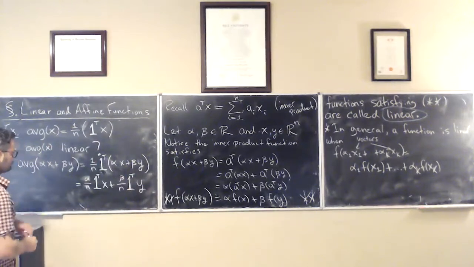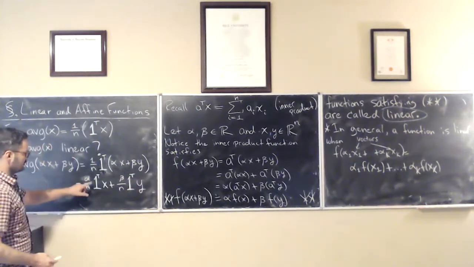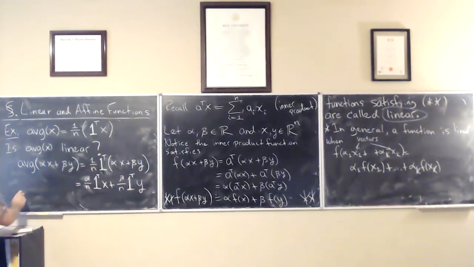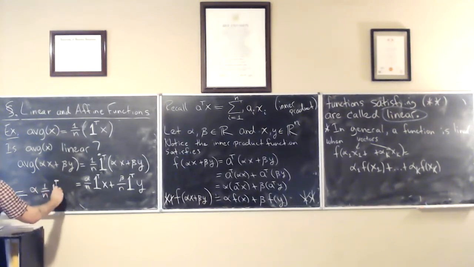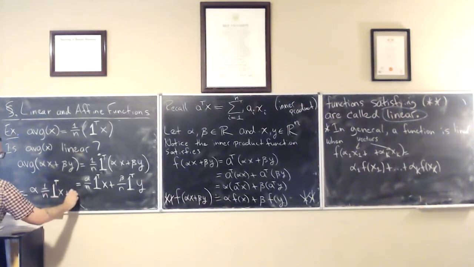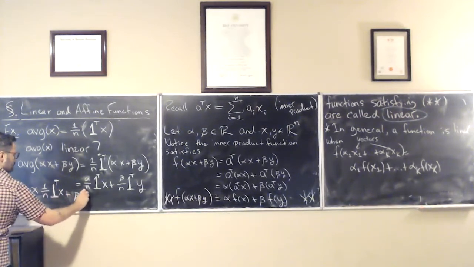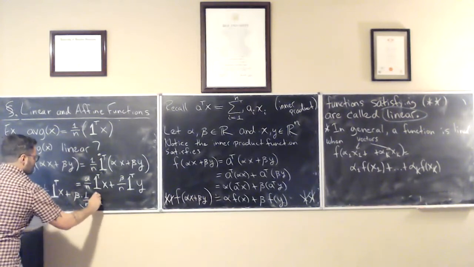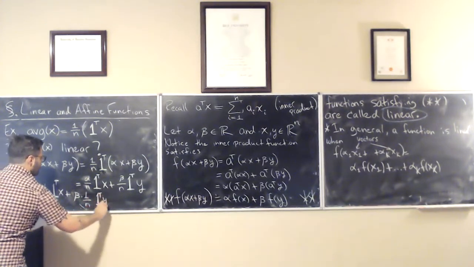Because now this is like alpha times 1 over n times 1 vector times x. So I'll just write it out. Alpha times 1 over n times 1 vector times x plus beta times 1 over n times the 1 vector times y.